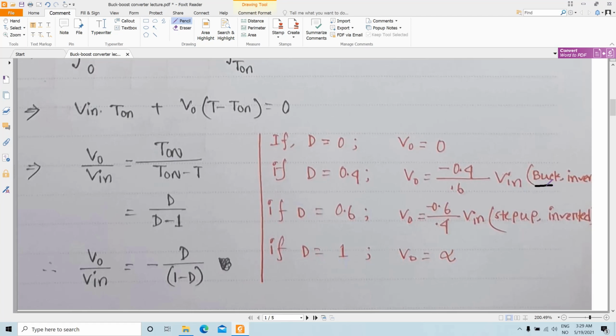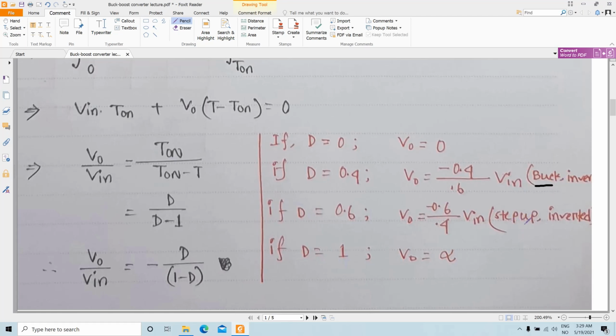Now if you increase your D to more than 0.5, for example 0.6, your V output is equal to minus 0.6 divided by 1 minus 0.6, which is 0.4, and if you divide 0.6 by 0.4, then you step up your output voltage. So within the same converter you have both buck operation and boost operation.